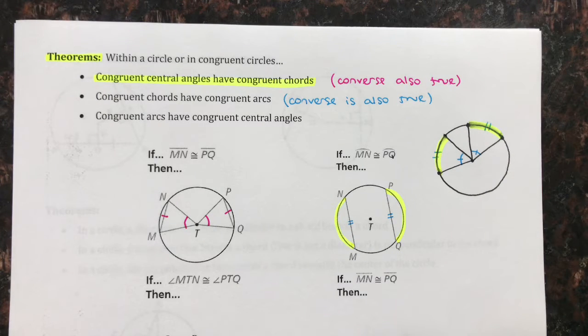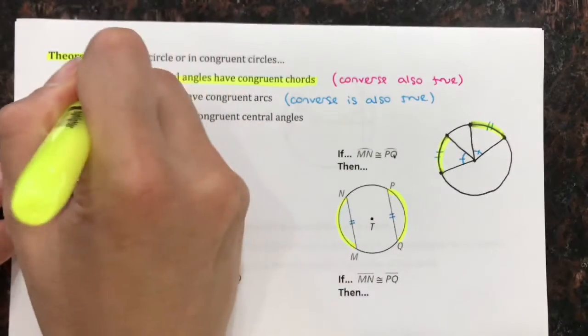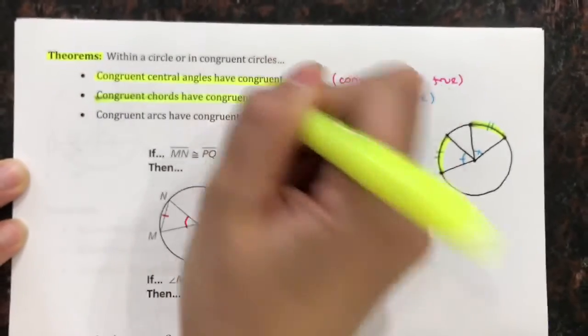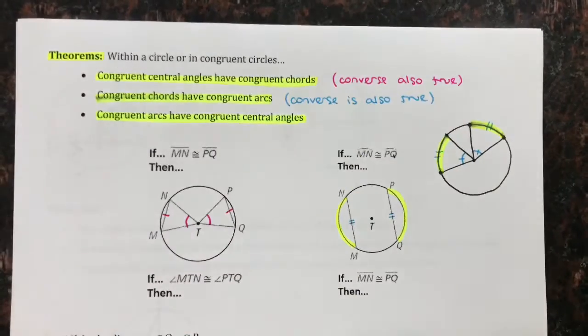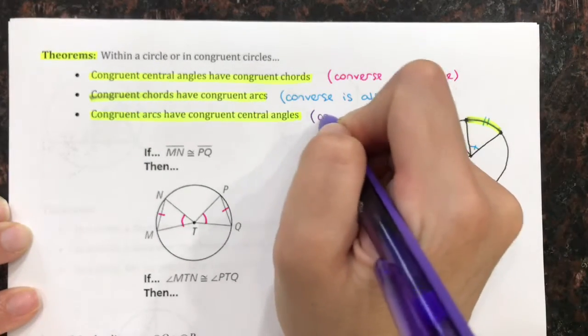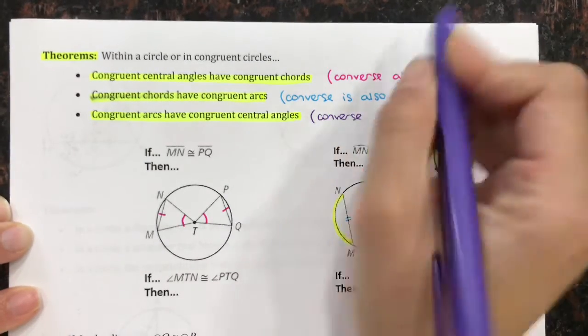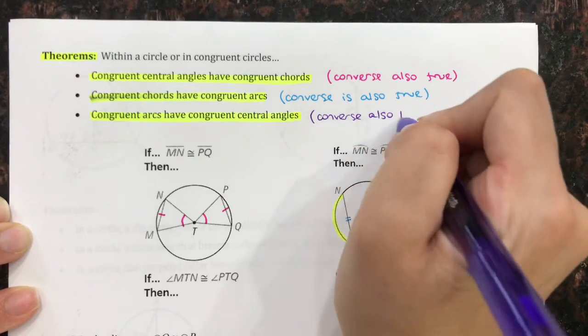So all three of those are related to each other. So we've got the chords, the arcs, and the central angles. Okay, and actually I guess we can write here as well. Converse, also true.